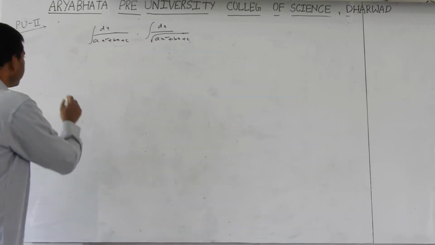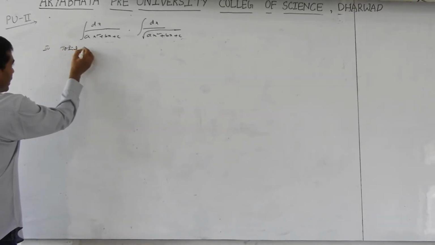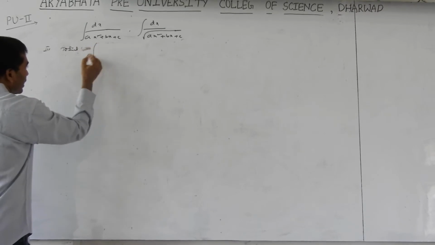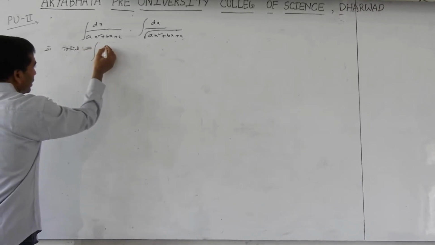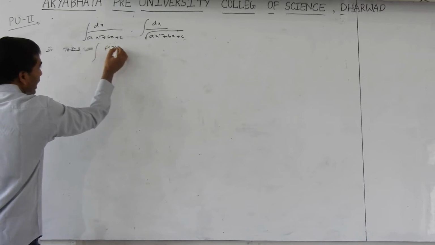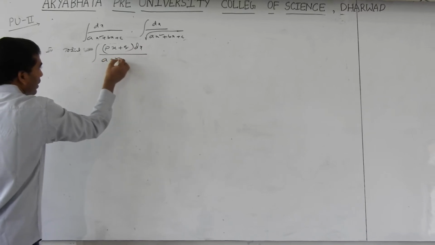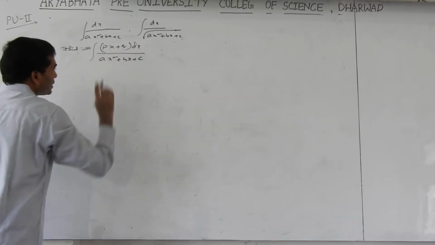Now the third method. To find the integral, where the numerator is a linear function px plus q, dx by ax square plus bx plus c.